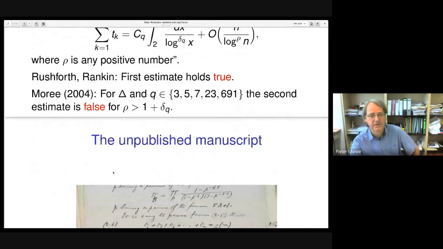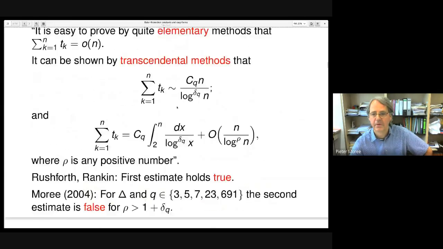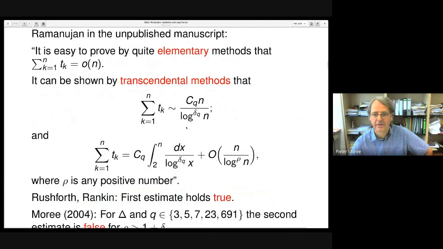So this paper I mentioned in the beginning of 2004, what did I show there? That actually for the special primes that Ramanujan found, his claim is false. So this is an analog of the Shanks result for the sum of two squares. What was the claim? The claim is that there is a very precise estimate for how often this is not divisible by one of those primes q, and this asymptotic form was given by Ramanujan, who wrote down some explicit formulas for these constants c sub q.